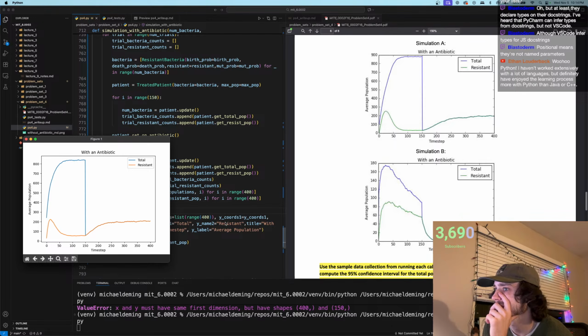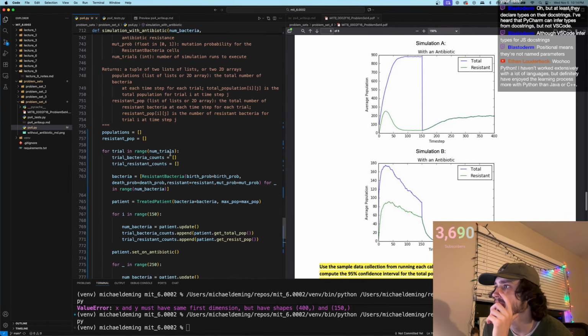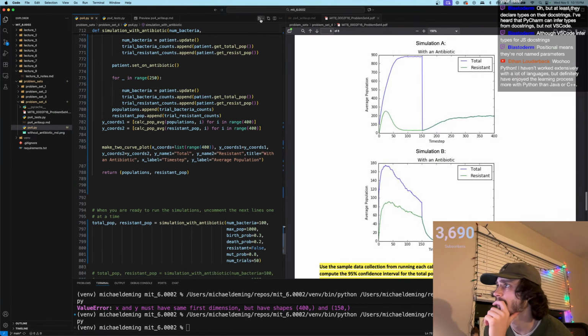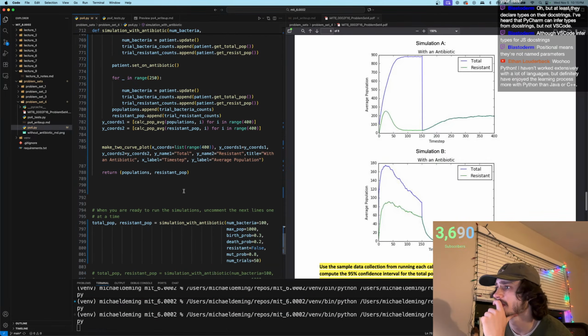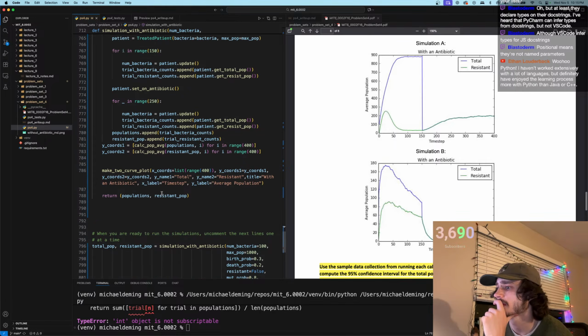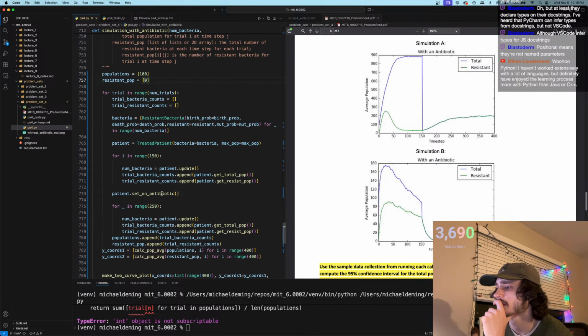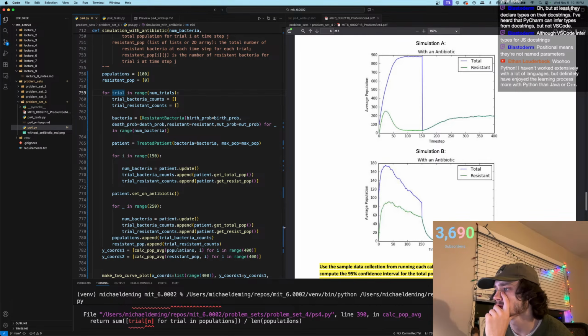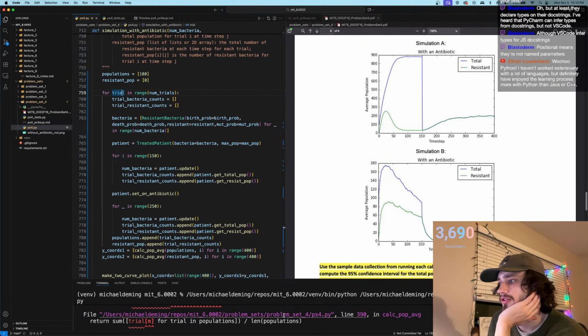Oh no. Okay, now if we go here and add in a 100 and a 0 here and run. Trial index, int object not scriptable, for the population average.